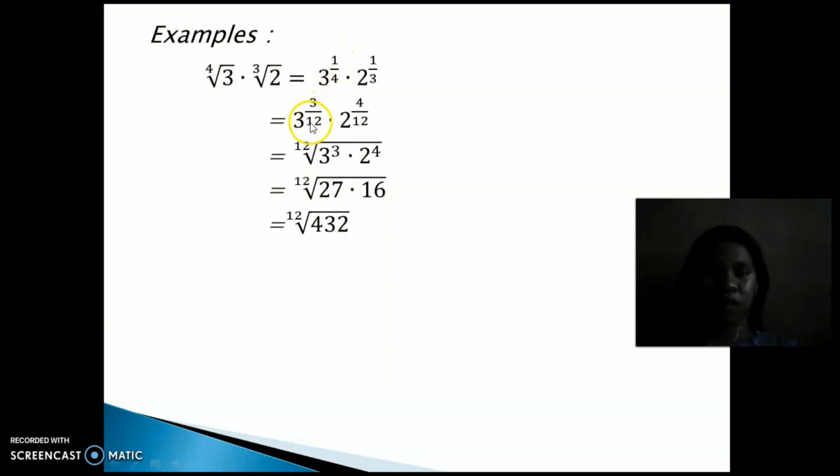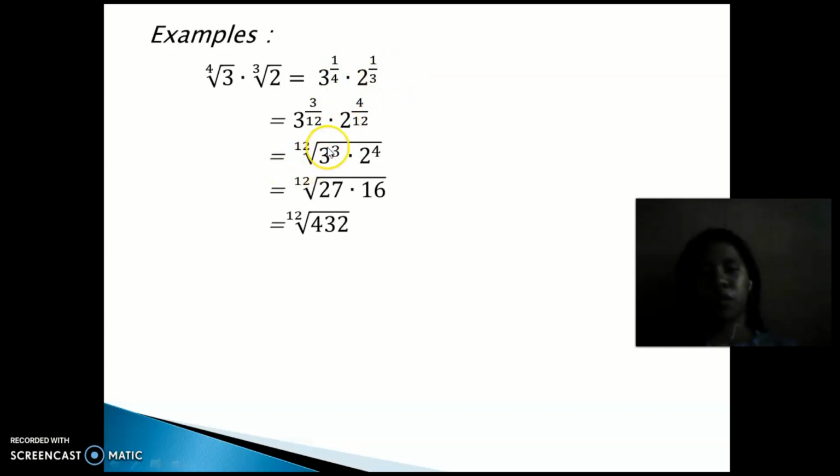So 3 raised to 3 over 12, because 1 times 3 we have 3, but we're going to multiply both of our denominators, 4 times 3, so we have 12. So 2 raised to 4 over 12, because 4 times 1 is 4, over 12, because 12 is 4 times 3.